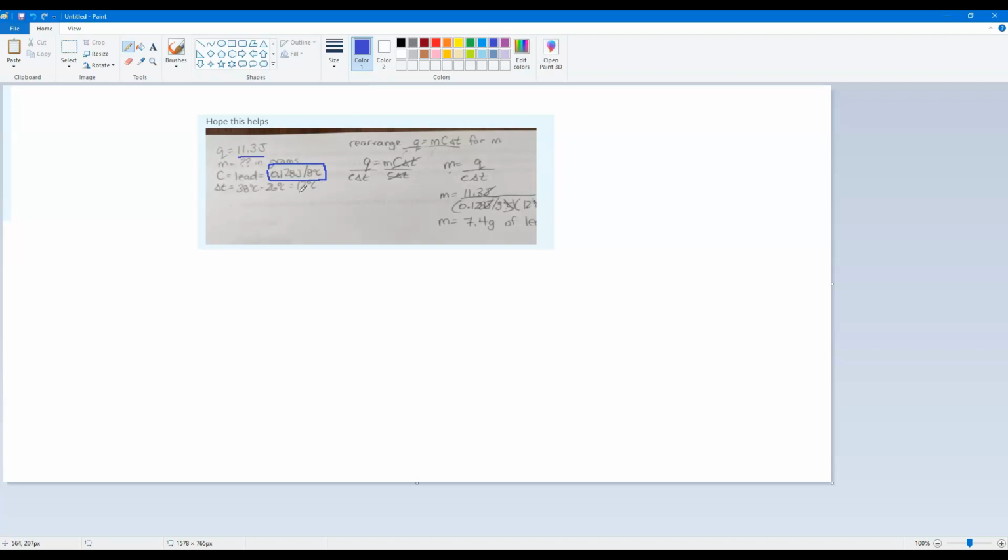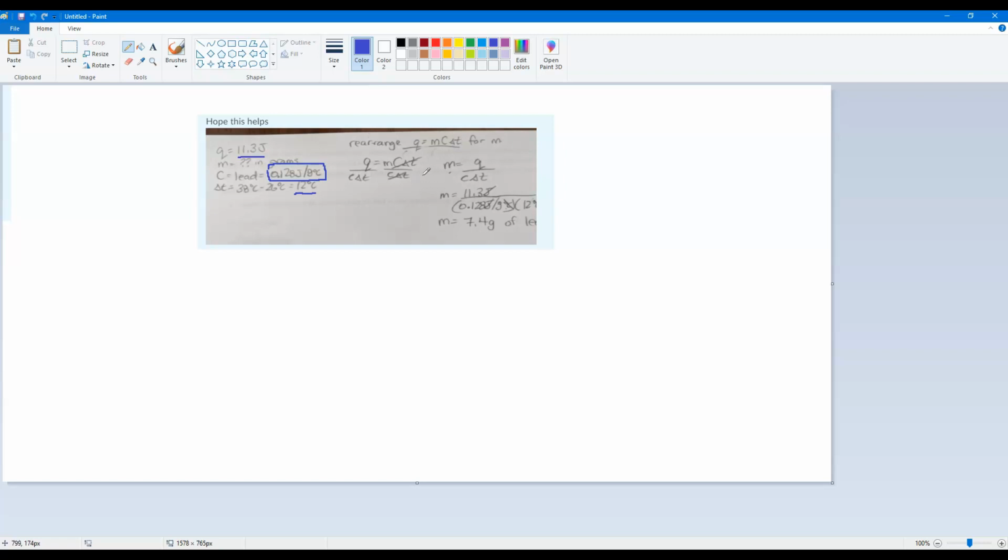So this 12 degrees Celsius is the change in temperature. So you do need to rearrange the heat capacity equation, where we have heat is equal to mass times the heat capacity of the material times the change in temperature.